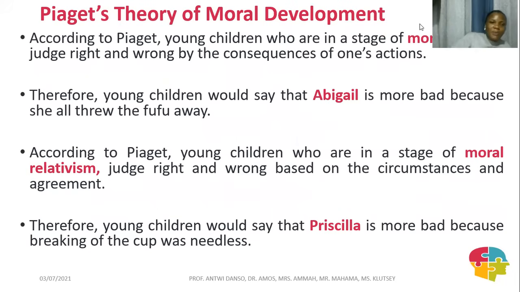Now, according to Piaget, young children who are at the stage of moral realism, that is the heteronomous morality stage, judge right and wrong by the consequences of one action. Therefore, young children will say that Abigail is more bad because she threw the fufu away.